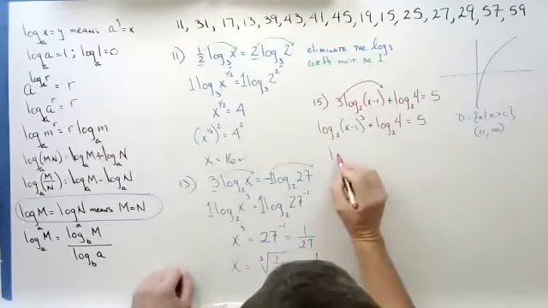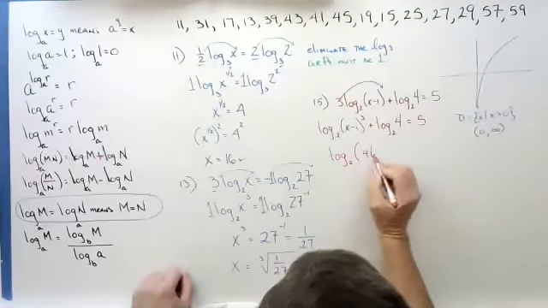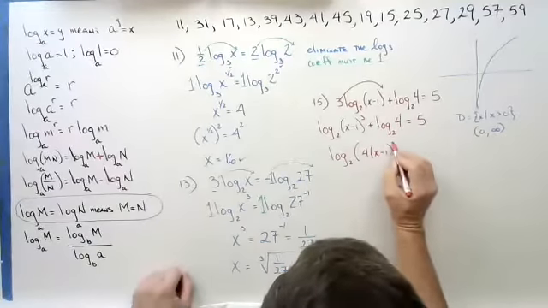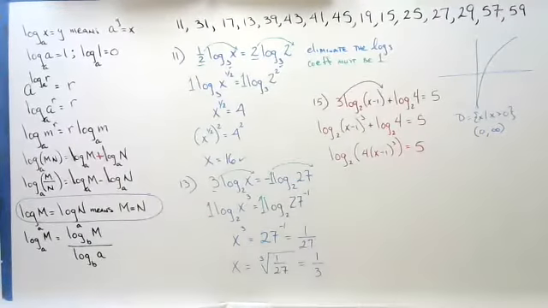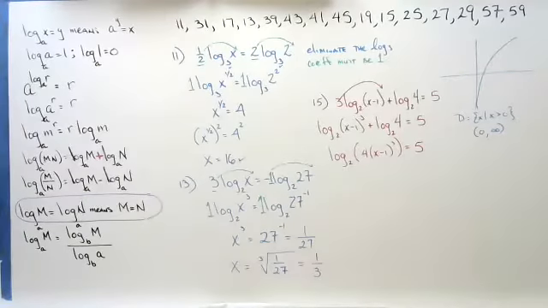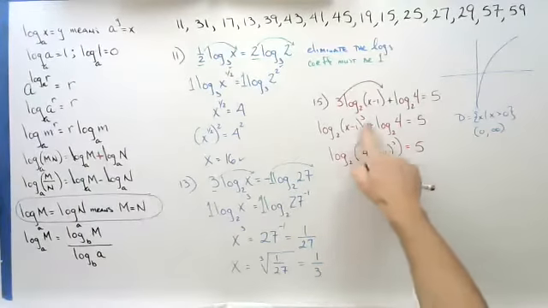So this looks like this. Because the log property says you multiply the arguments together. So I took the 4 and I multiplied by x minus 1 cubed.